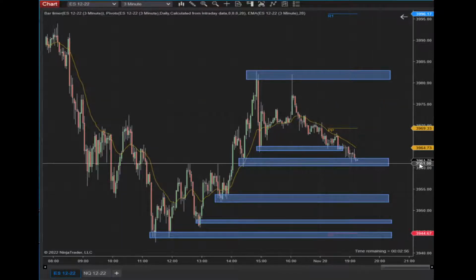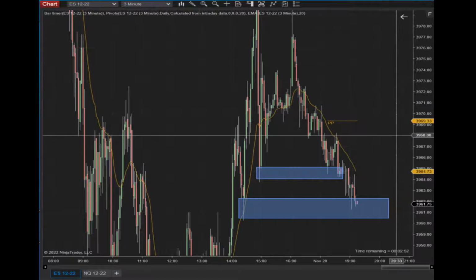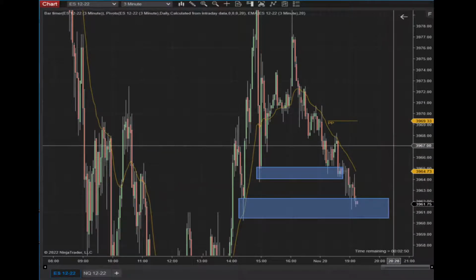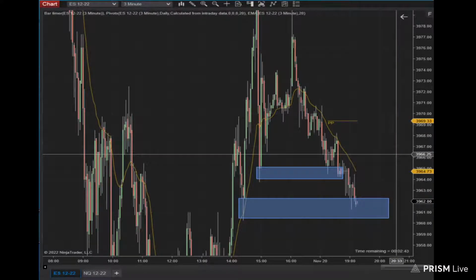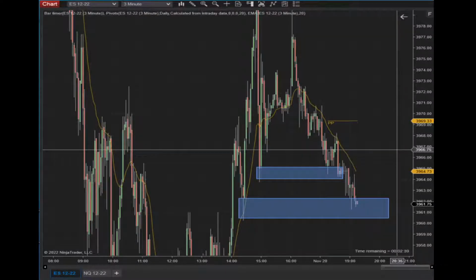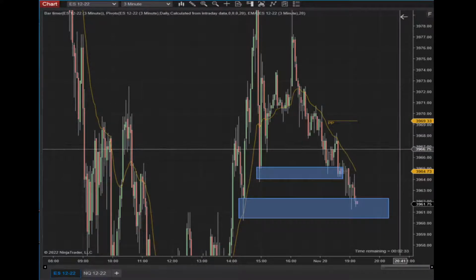You can see here when I zoom in, I like to get them to show at least a point. So you've got 39.67 even and 39.66. As I scroll up, you can see 39.66.25, 66.50, 66.75, and then 67. So each tick is $12.50.